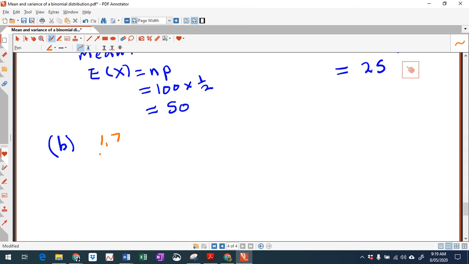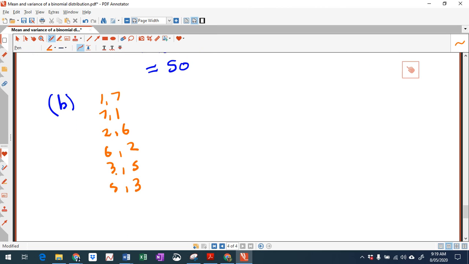We could have 2 and 6, 6 and 2, 3 and 5, 5 and 3, and we could also have 4 and 4. Now, when I roll 2 dice, I have 36 possibilities, don't I? Okay, so out of 36, what's the probability of success?